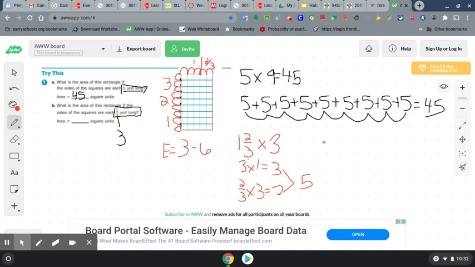Okay. And so the repeated addition is 1 and 2/3, and I'm going to add it to itself 3 times. And you're like, I don't know how to add 2/3 3 times.